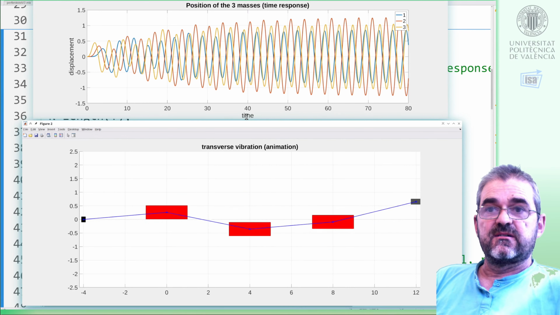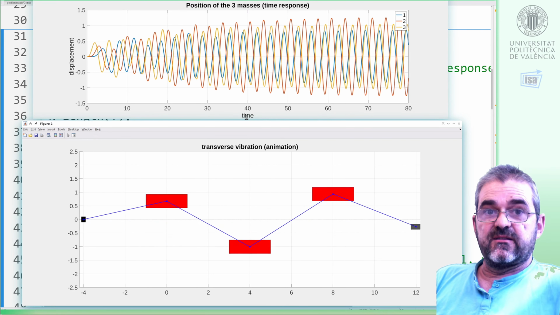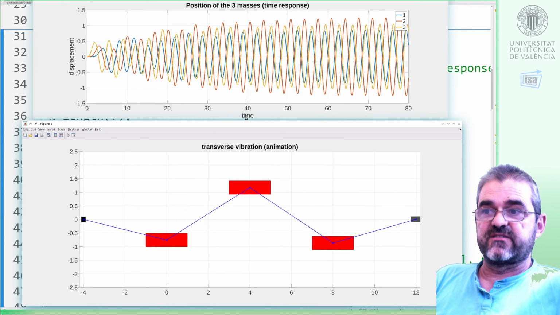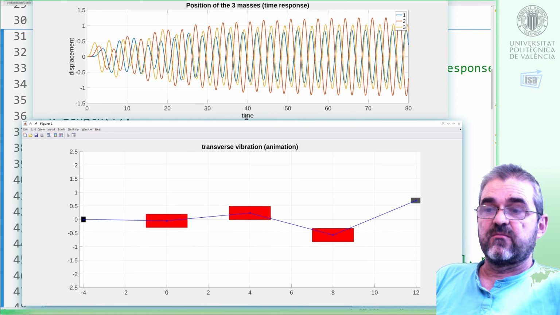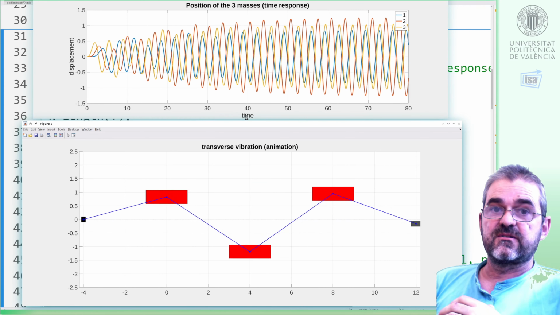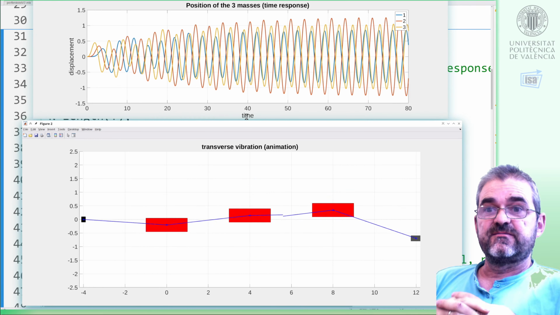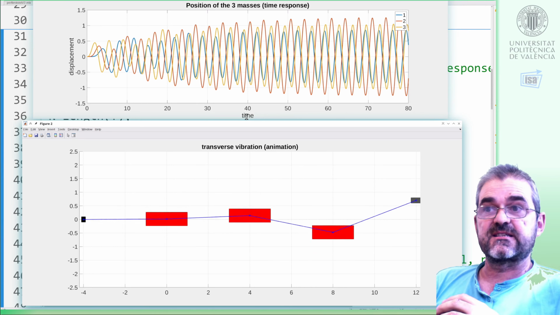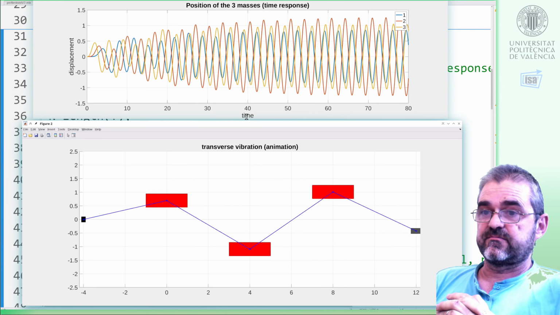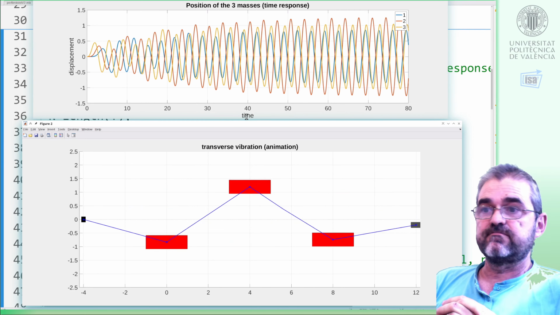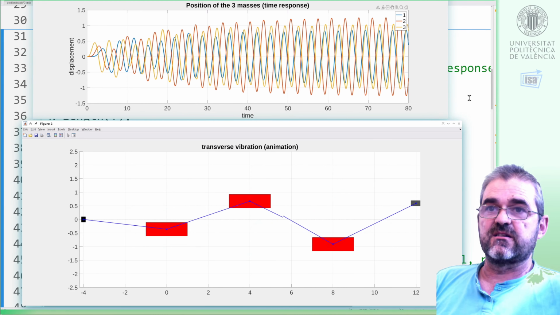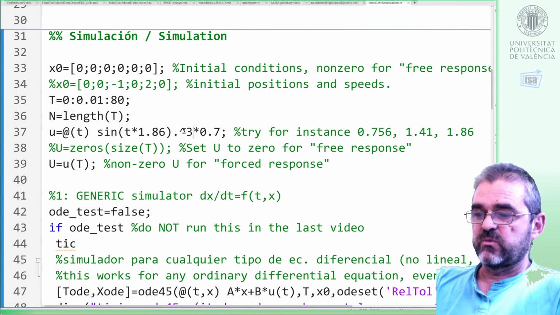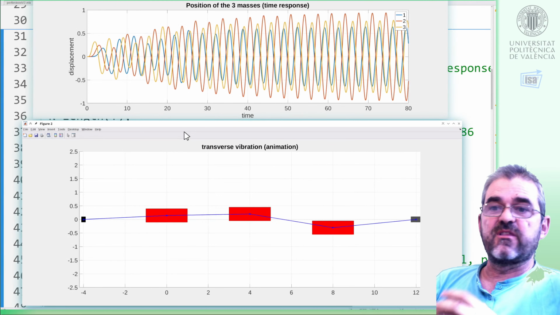Of course, input does not necessarily need to be sinusoidal. We can put whatever input we wish, but these particular sinusoidal inputs are of importance in vibrations, in alternating current, in electrical circuits, etc. But of course, if I change the sinusoid to a cube of a sinusoid, well, no problem with that.